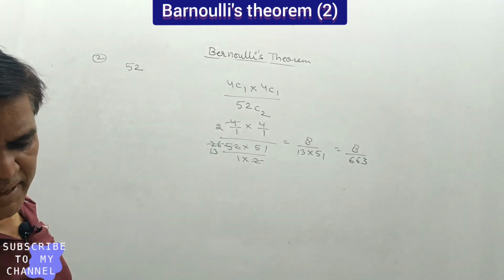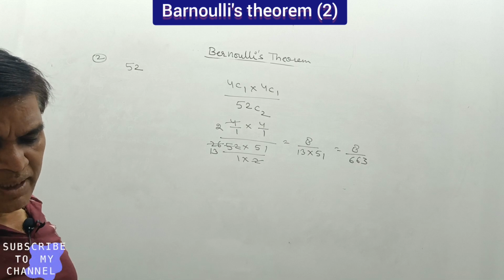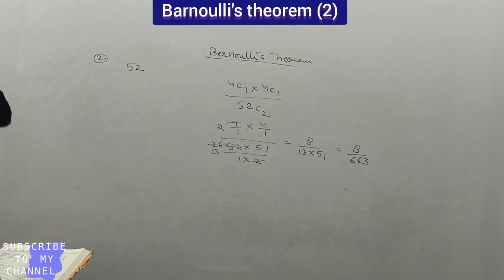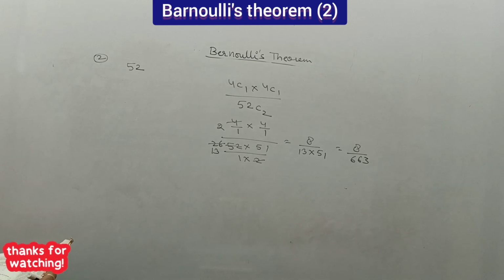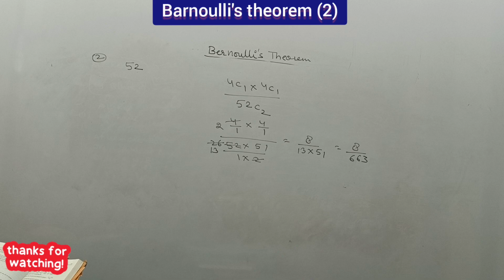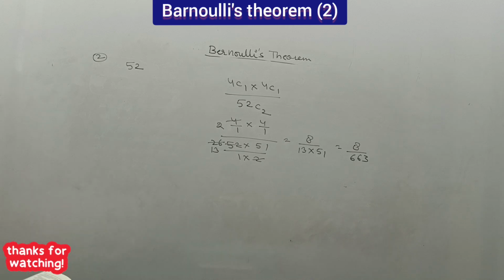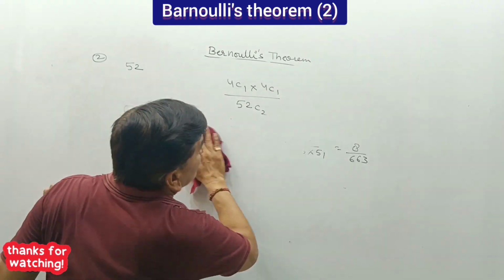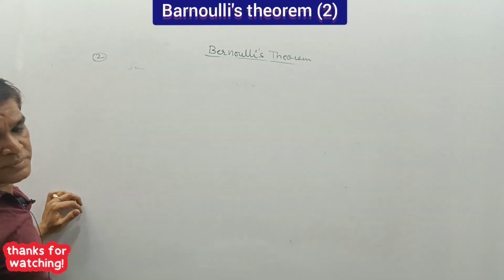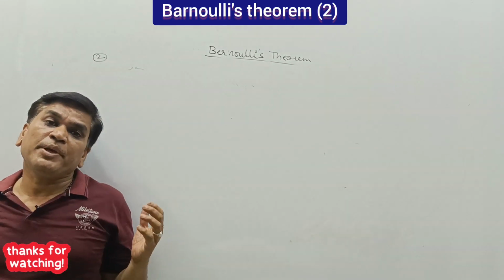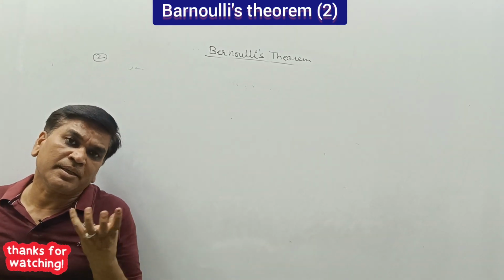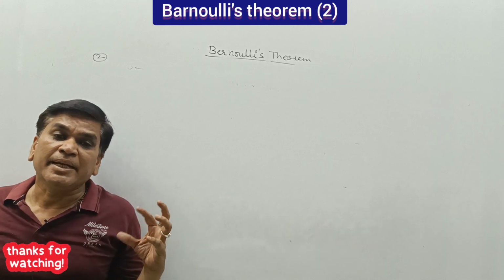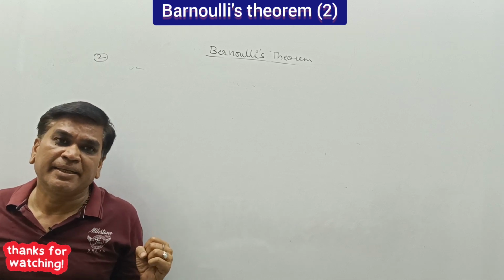But it's very easy. From a pack of 52 cards, 2 cards are drawn, taken and thrown, and from the remaining, get the probability of getting a king.